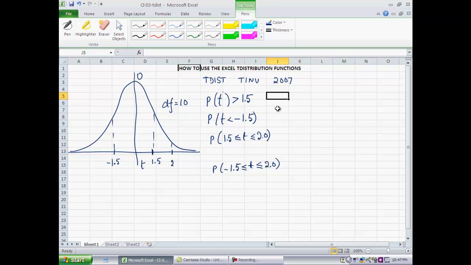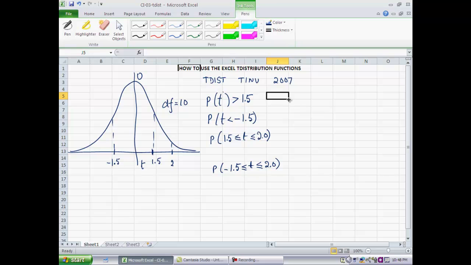Okay, all right. So let's see the first problem. I want the value of the probability of t being greater than 1.5. We know that the t-distribution has a mean of 0. So the probability of t being greater than 1.5 is the area under the curve to the right of 1.5. It's this portion that I've just traced out with the cursor. Okay, it's the area to the right of 1.5.